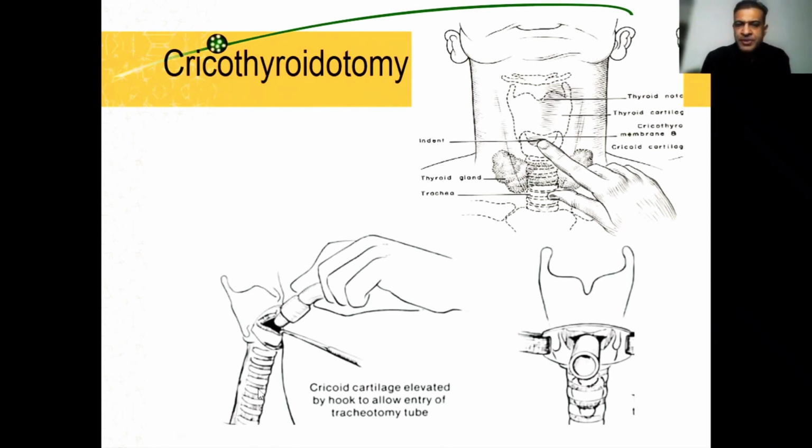Cricothyroidotomy is a special procedure whereby we palpate from the suprasternal notch upward to the cricoid cartilage, and between the cricoid cartilage and the thyroid cartilage is the cricothyroid membrane, where we make an incision and insert the tube. A separate cricothyroidotomy set is available for this procedure.